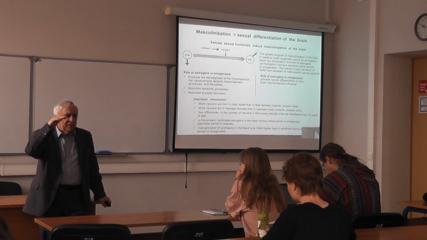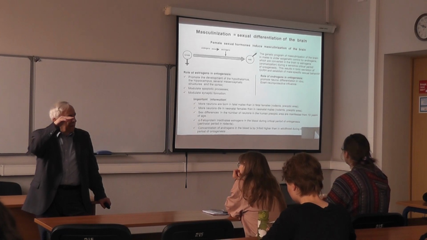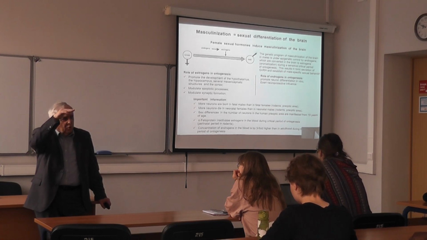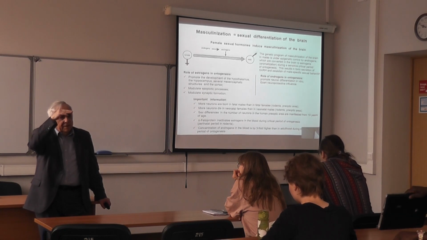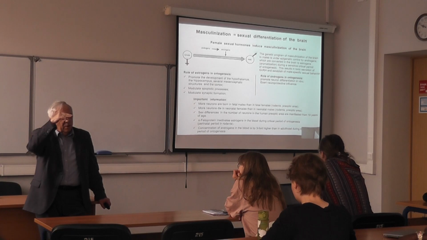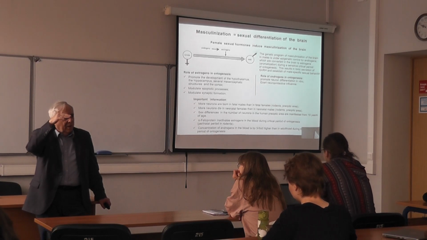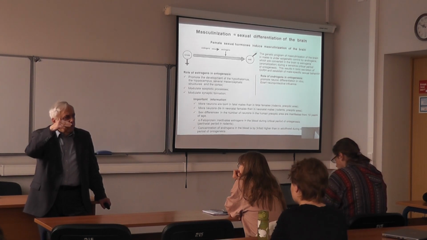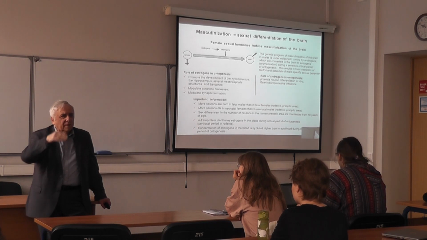First, there is a secretion of testosterone into the bloodstream in males. Then testosterone reaches the brain. There is no blood barrier. And in the brain, testosterone is converted by the aromatase enzyme into estrogens. And these estrogens are responsible for the masculinization of the brain. Is it clear?